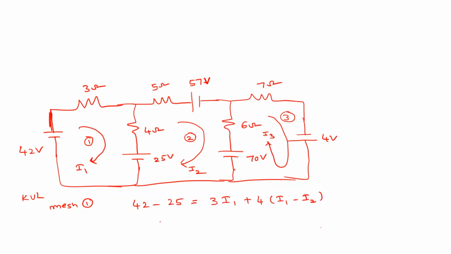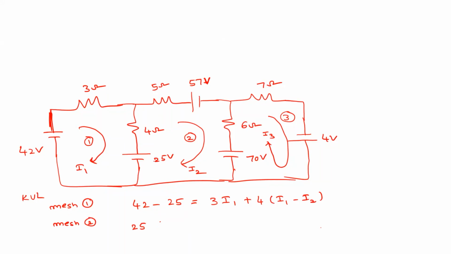Okay, so come to mesh 2. Sir, 25 minus 70. This is the branch current method. No, we are talking about mesh analysis, right? You just follow the order.